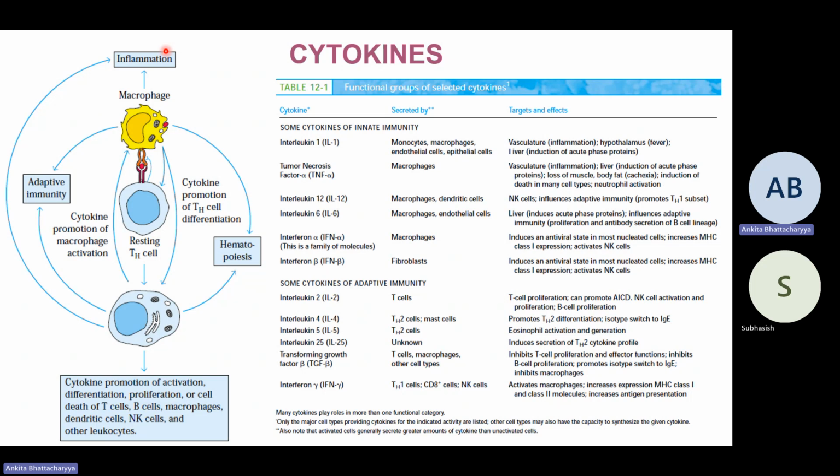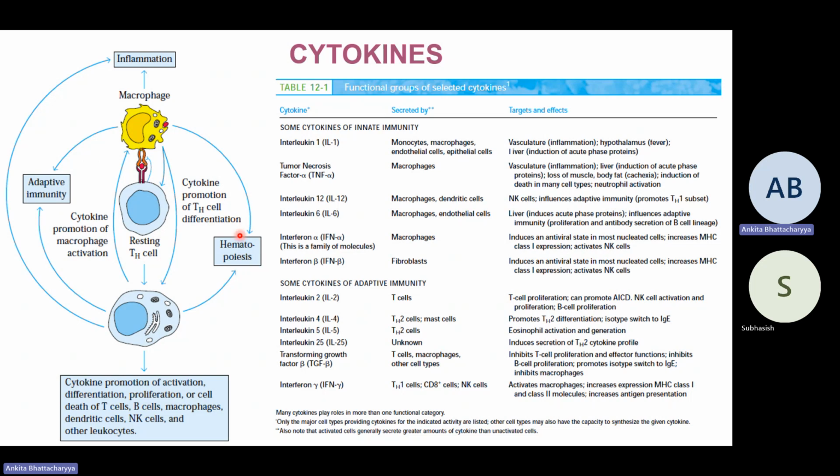So that is the first effector mechanism you can see being executed by a macrophage, which has presented its antigen to a T helper cell. Apart from that, the macrophage is capable of acting upon adaptive immunity.